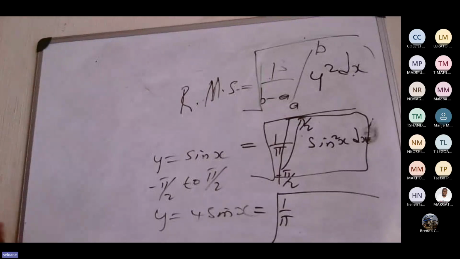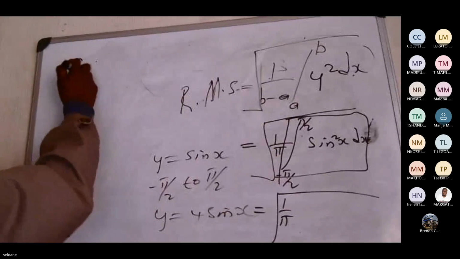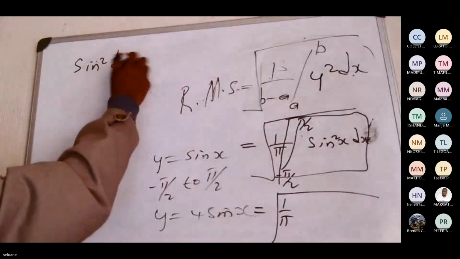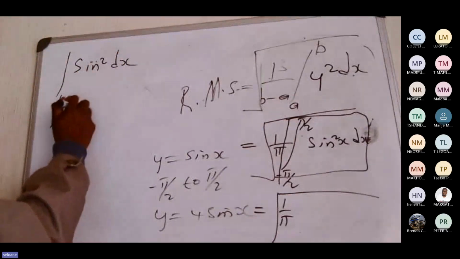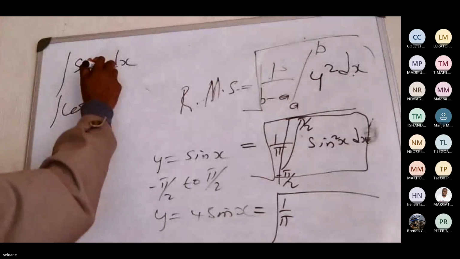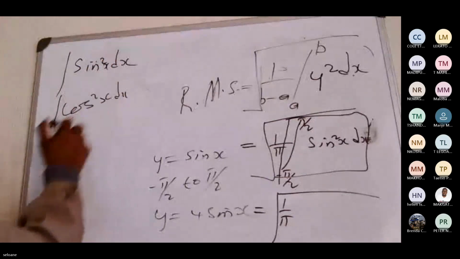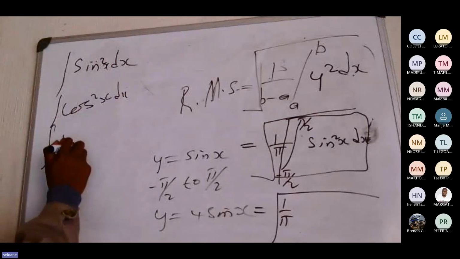Our question is, which 2 trigonometric squares are standard? Sine and cos? No. I'm not sure whether you understand my question. We have the integral of sine squared, the integral of cos squared, the integral of tan squared.